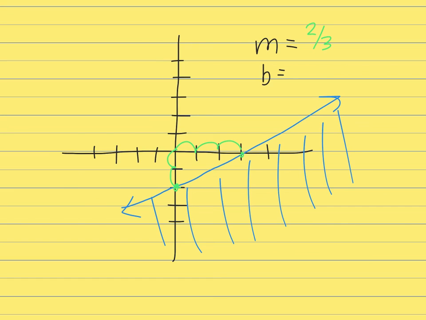And my y-intercept is going to be -2. So I'm going to write y, leave some space for my inequality symbol, and then 2/3 x minus 2. Because I'm shading under the ladder, it's going to be less than. And because it's solid, I'm going to put less than or equal to. So there's my inequality.